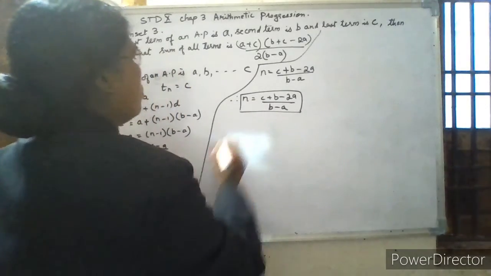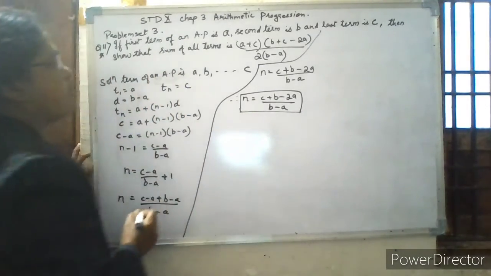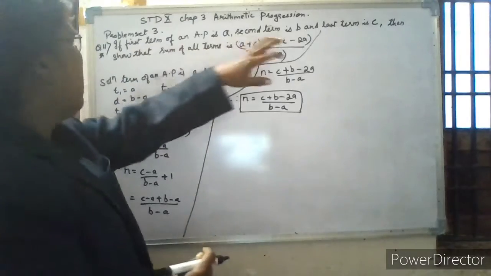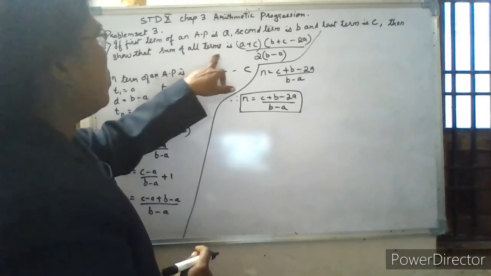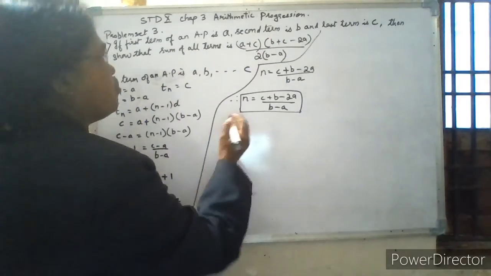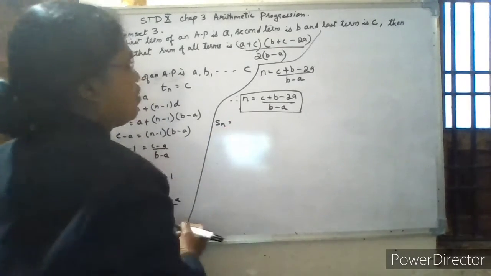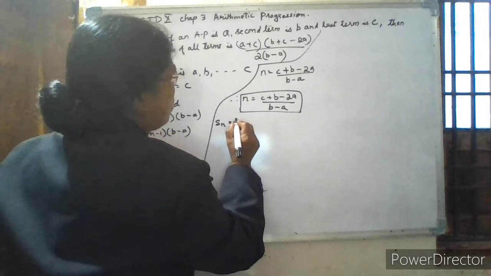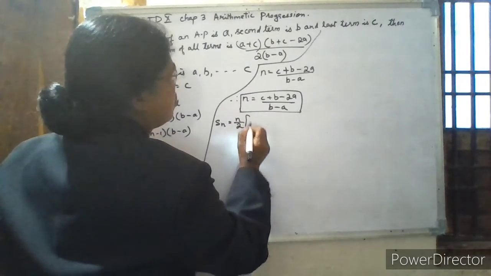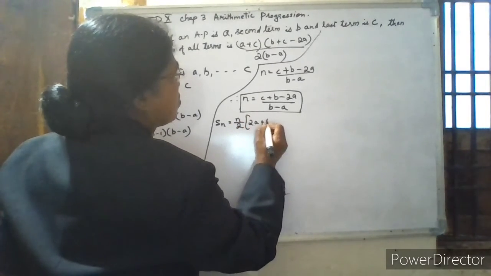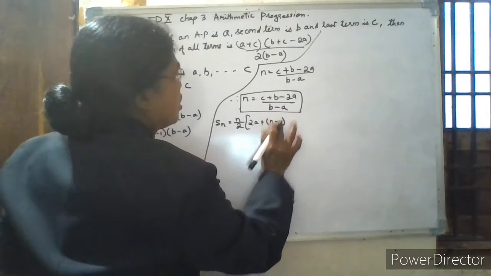Now we have to show that the sum of all the terms is this. So the sum of n terms formula is equal to n by 2 into 2a plus n minus 1 into d.